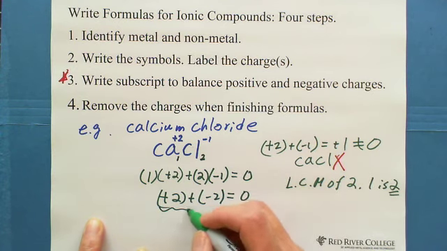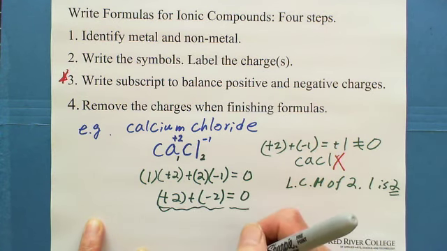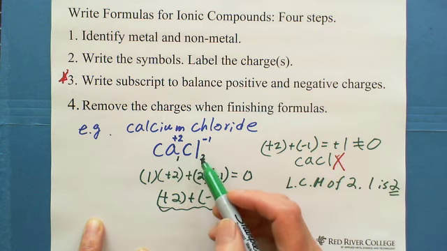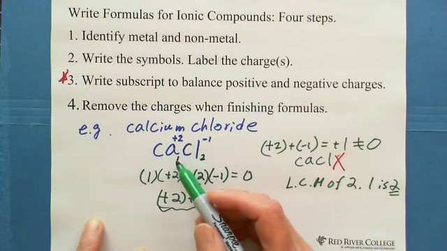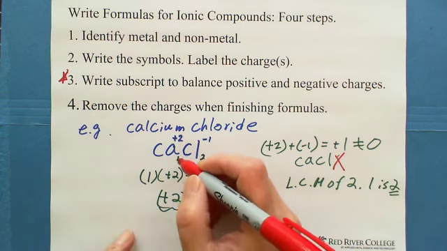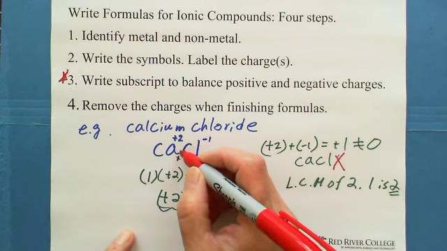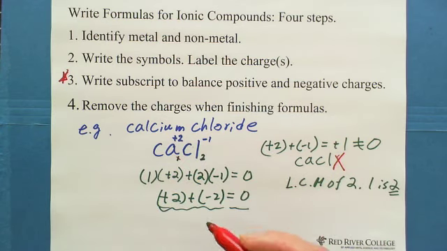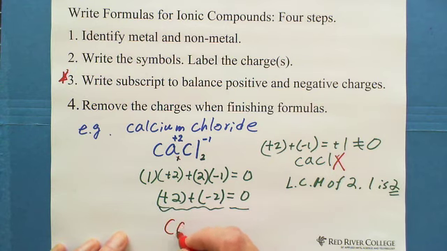That's why we need subscript 2 for chlorine. But as we know, we don't need to write a 1, because no number on a subscript means 1. So the correct formula for calcium chloride is CaCl2.